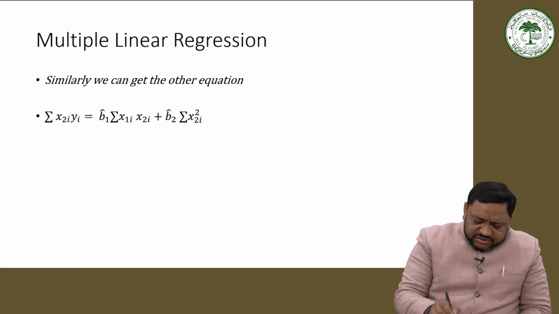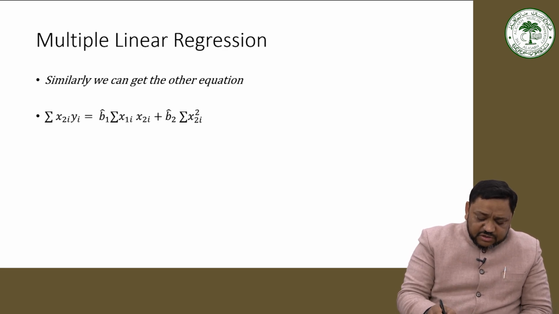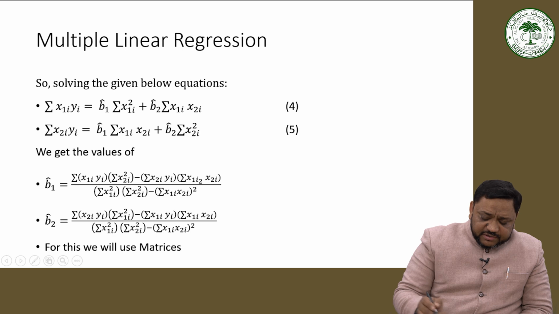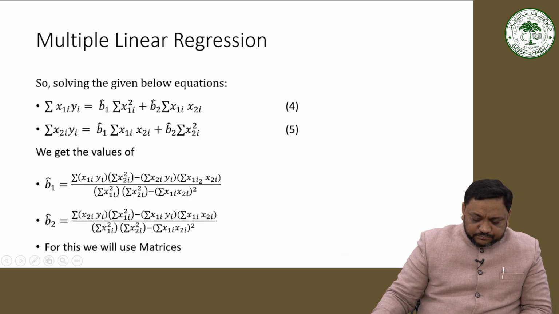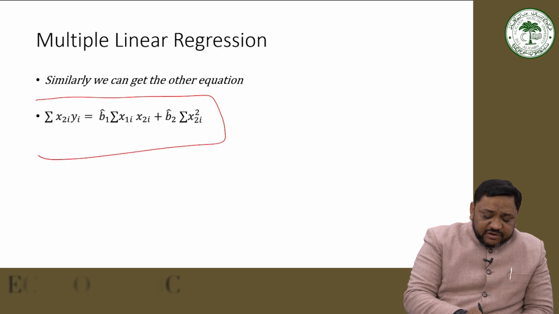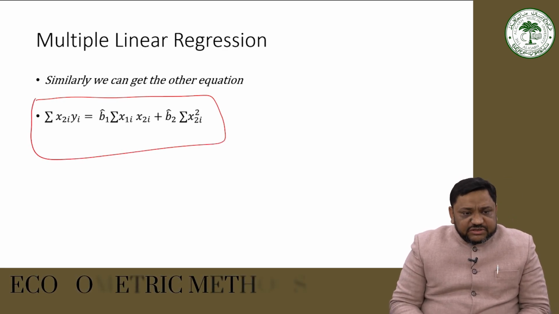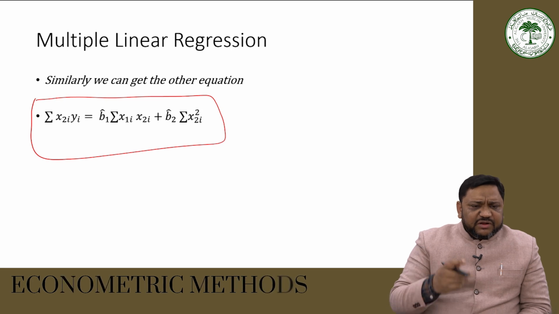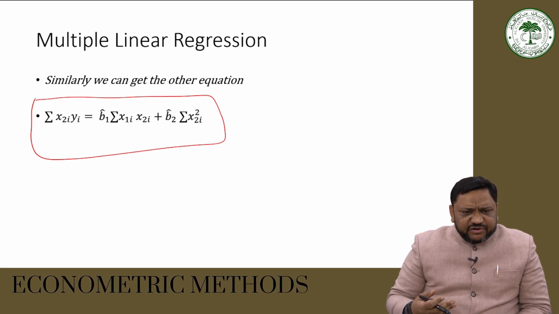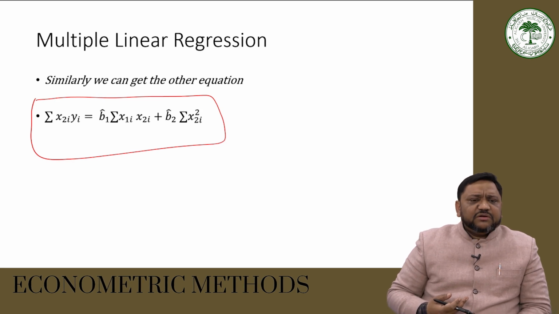The same thing can be repeated for the other equation, and we will get this. We basically had three normal equations. From the first equation we got the value of b naught hat.